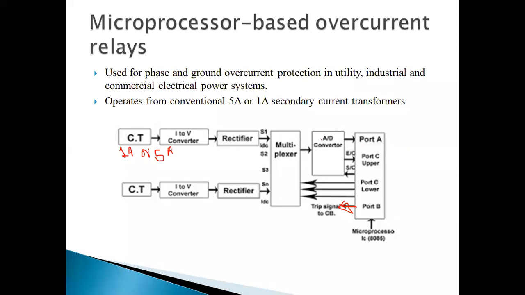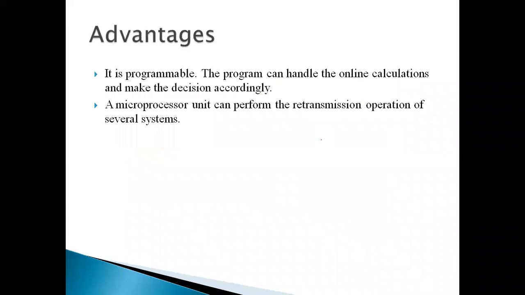The advantage of this microprocessor based relay is that it is very fast in operation. Fast operation is the main advantage. Then it is programmable, and the program can handle online calculations and make decisions accordingly.